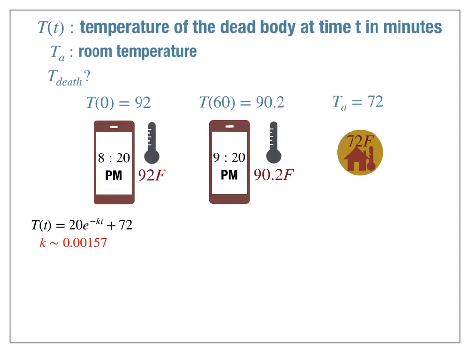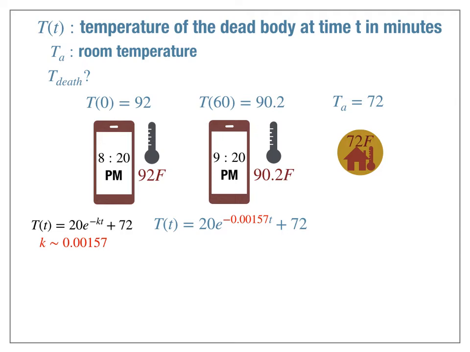So back to the problem, remember that she found a function for the body temperature in terms of k and t, and then she found a value for k. So then she has a complete function for the body temperature in terms of minutes.